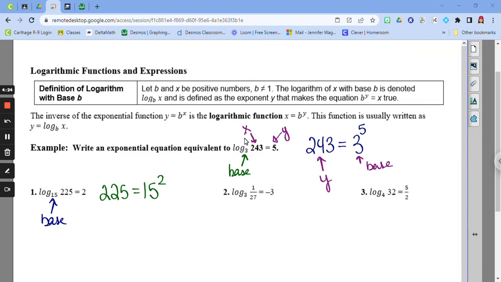So how would we start writing number 2? Okay. 1 over 27 equals, what's our base? 3 to the negative 3.